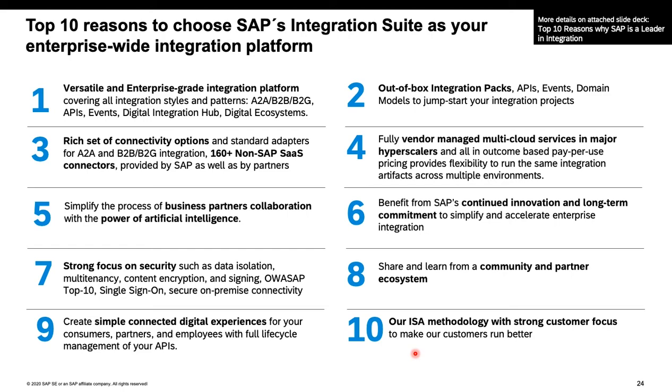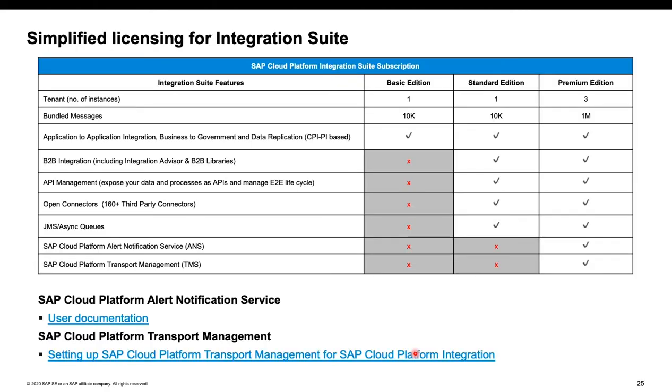platform which integrates SAP and non-SAP applications with each other. It supports integration in a holistic kind of manner, integration of data, people, business processes, on ground, in the cloud, as well as hybrid integration scenarios. We also simplify the license model for the integration suite.